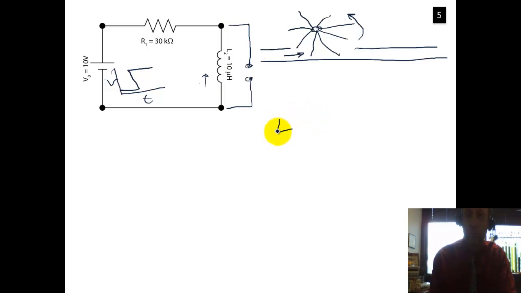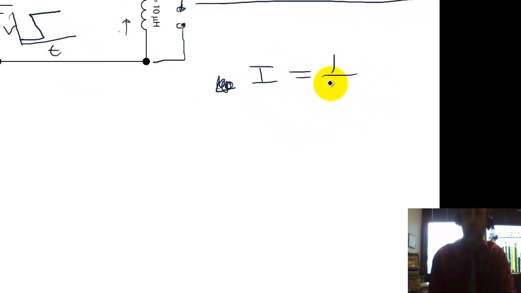The current across an inductor is 1 over the inductance times the integral from 0 to t of the voltage, which is a function of time, dt.